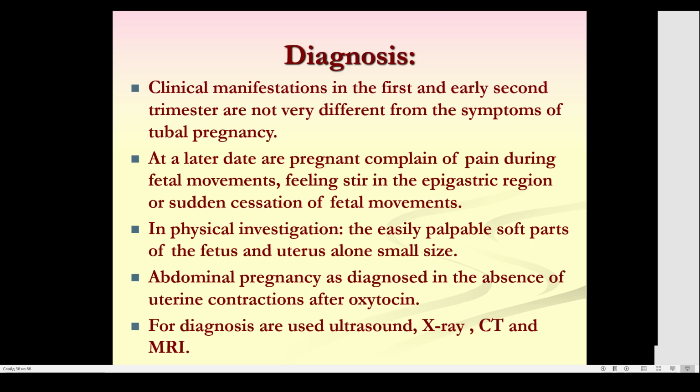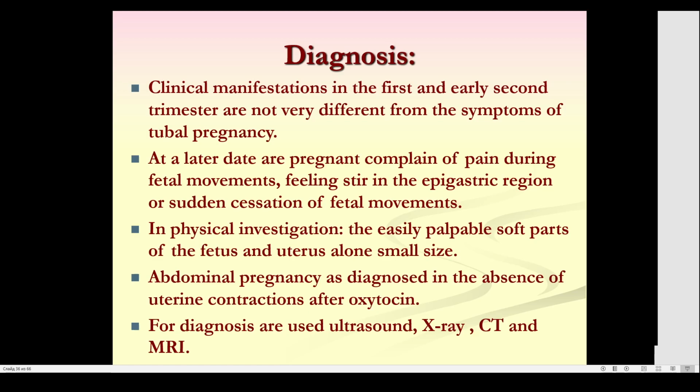Diagnostics of abdominal pregnancy is more difficult than in case of tubal, ovarian or cervical pregnancies. Clinical manifestations in the first and early second trimester are not very different from the symptoms of normal pregnancy or tubal pregnancy.